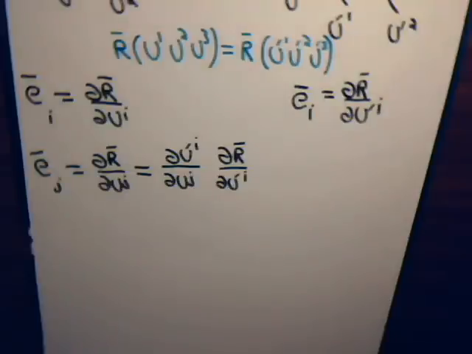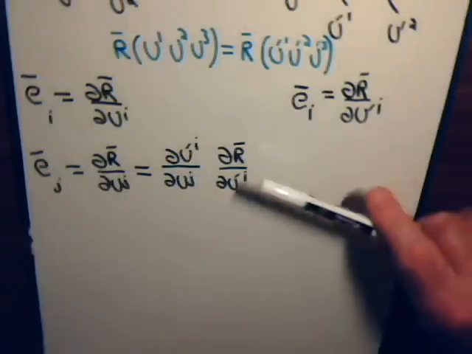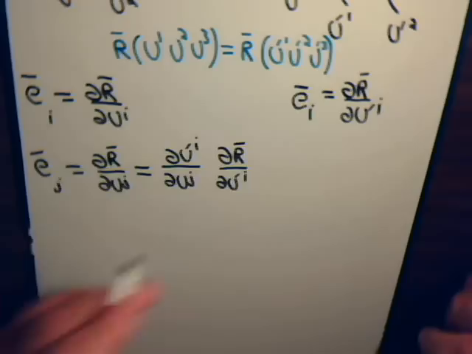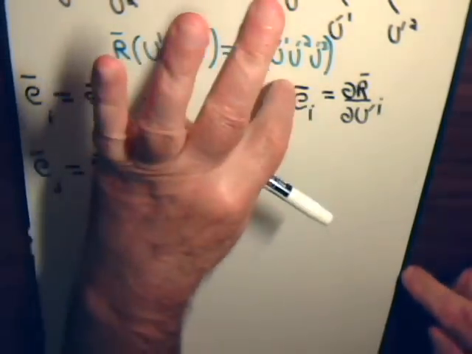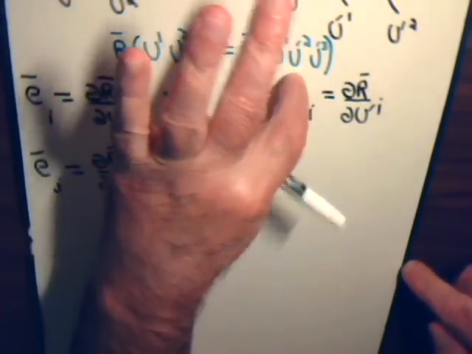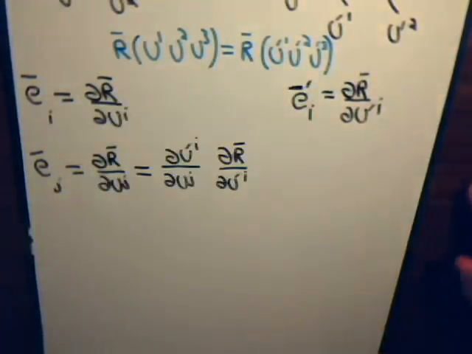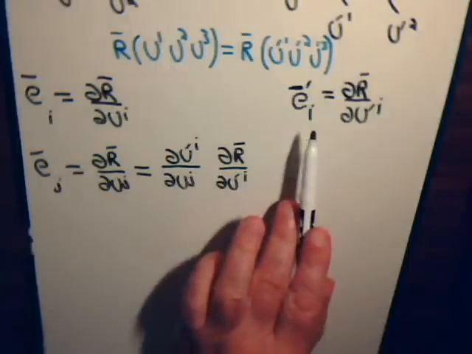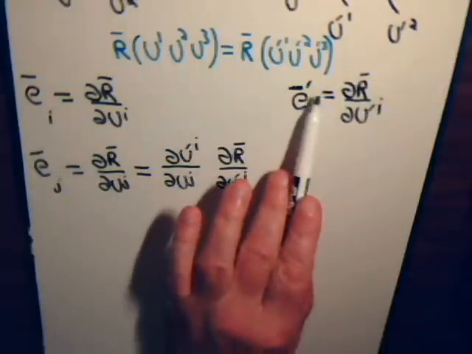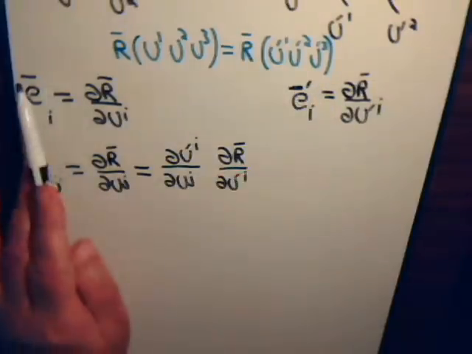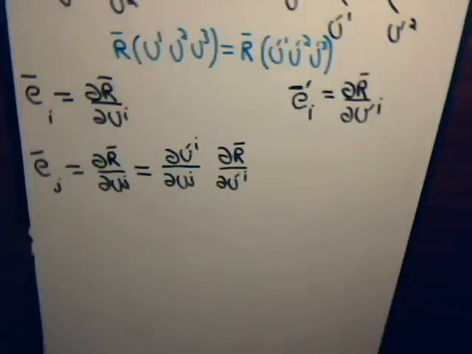However, if we look at this, we see that the partial of r with respect to u prime i, that is, and this should be e prime. What we'll do is when we write these vectors here, because we have the dashes here, we're not going to put the bars anymore. It just makes it too messy.